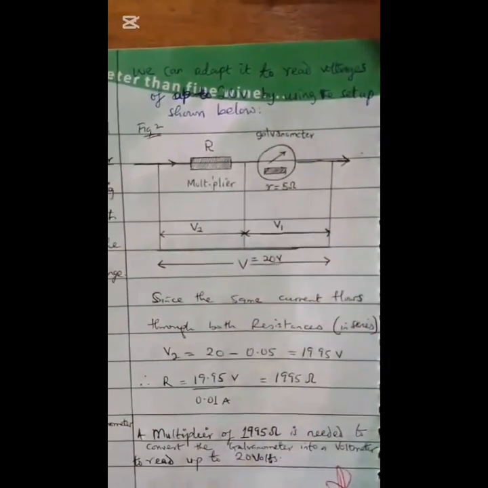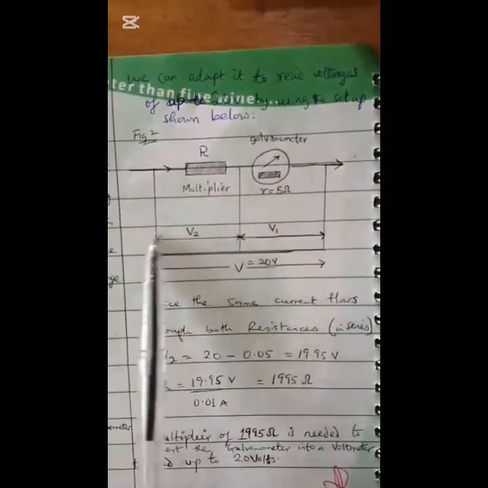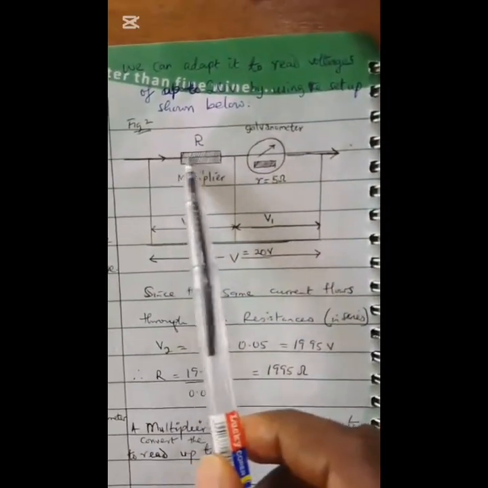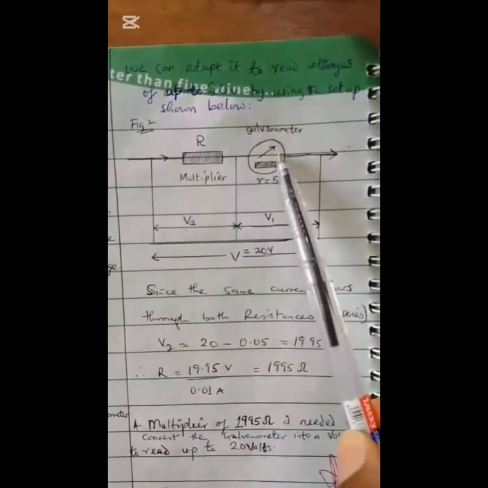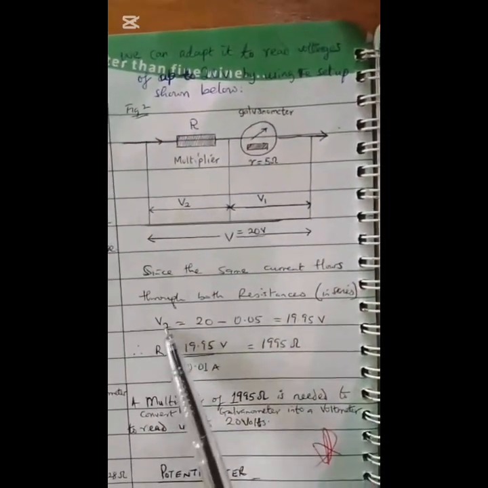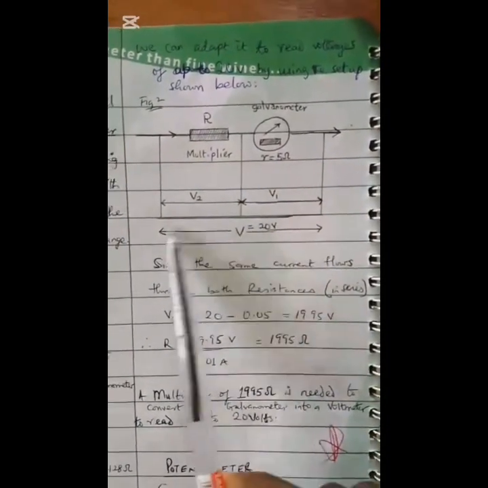Remember, they are in series, so the current passing through this resistor is the same current that will pass through our galvanometer. Since the same current flows through both resistances in series, and resistors in series split the voltage in two.